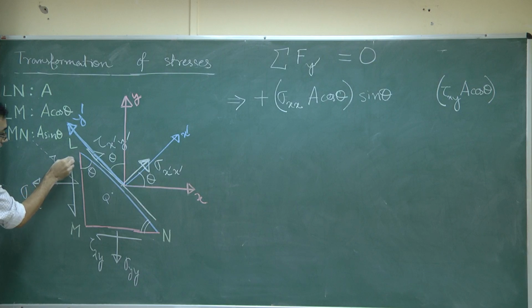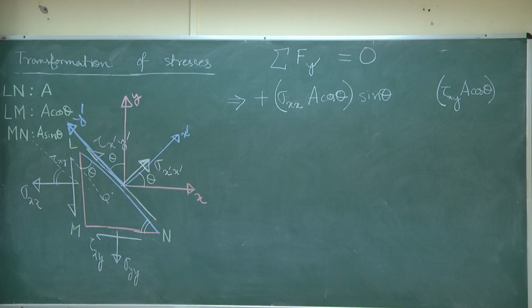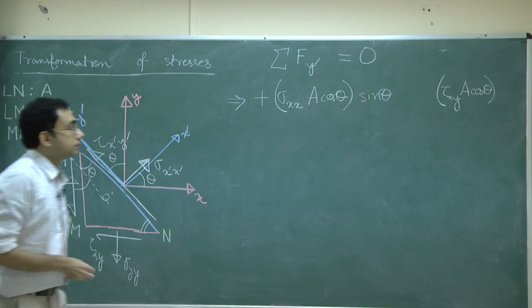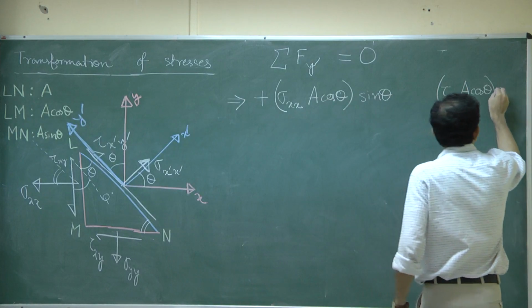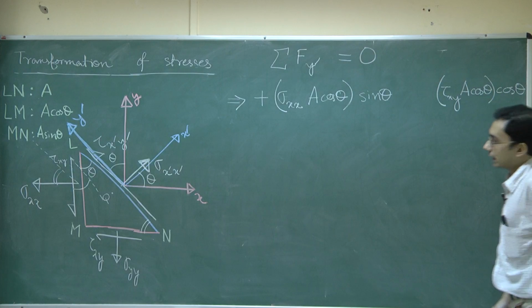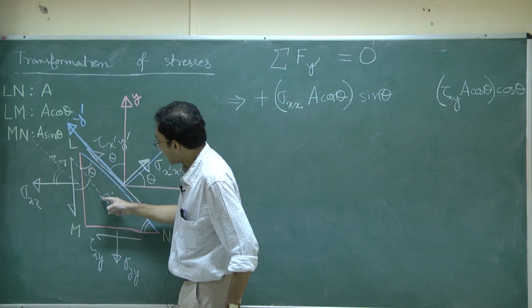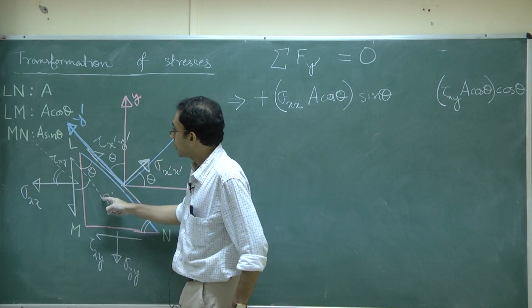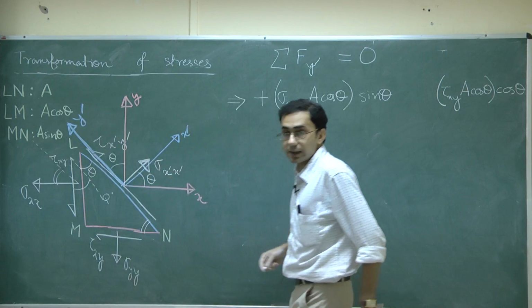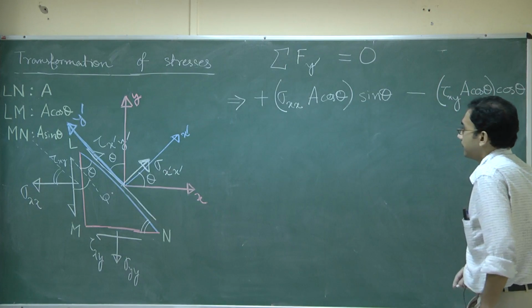So parallel to the y dash direction would be something like this, and this angle is very much theta. However, when we take the force component of this tau xy along this dash direction, it comes out to be opposite to the y dash direction, that is along the negative y dash direction. So it comes with a minus sign.